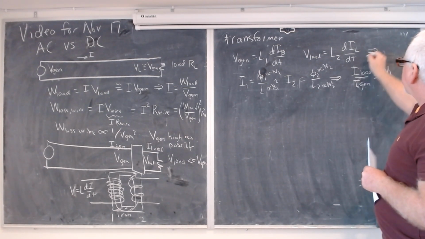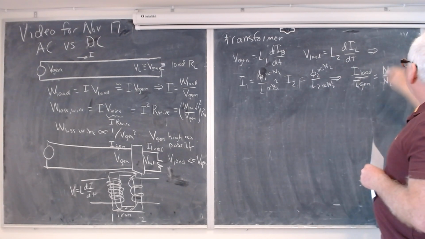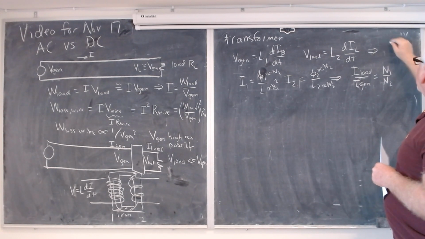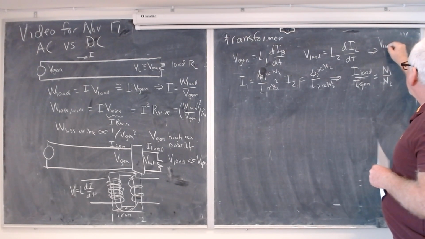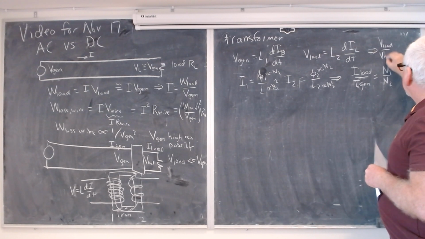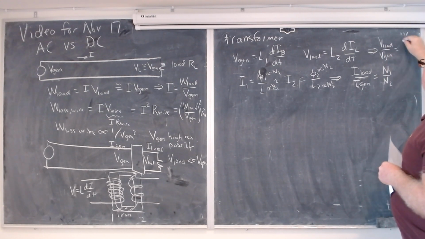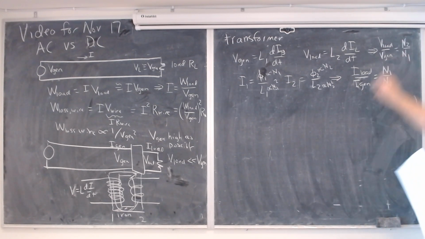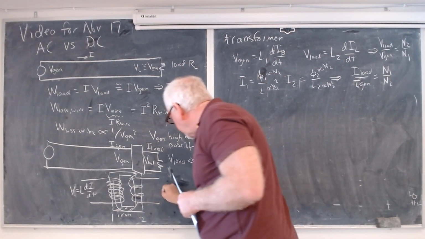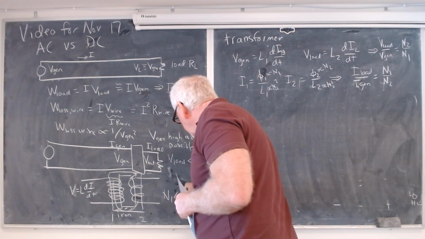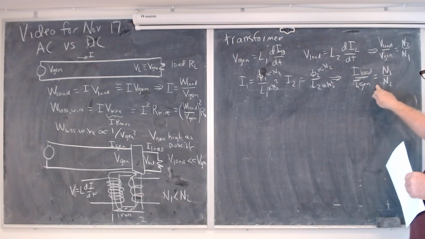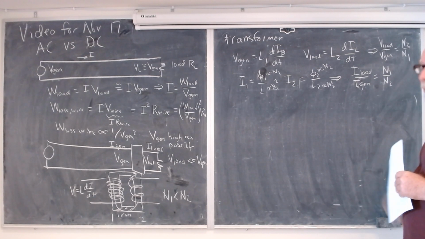And then from these relationships, because of the voltages being proportional, we'd have that V load over V generator is reversed, N2 over N1. So you step down, because N1 is smaller than N2, you step down the voltage while you're stepping up the current by the same ratio.